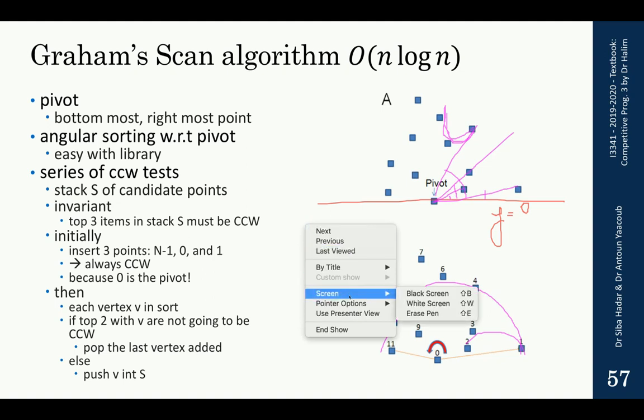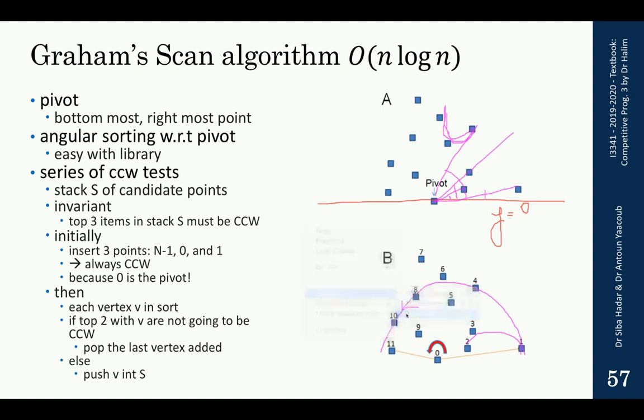Let me erase the screen. First we add the last point of the polygon, then the pivot, then the first point in the sorting. So the last sorted point, the pivot, and the first sorted point.